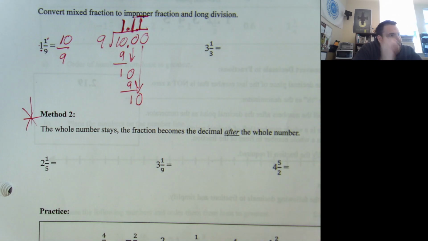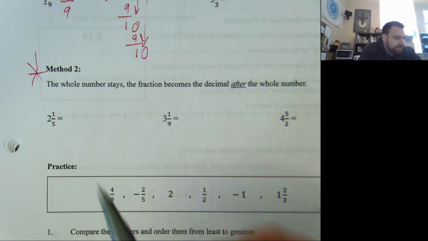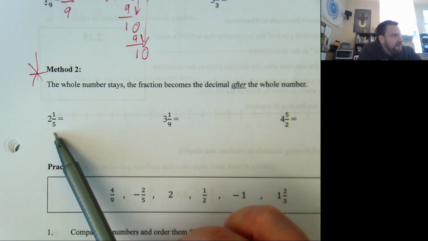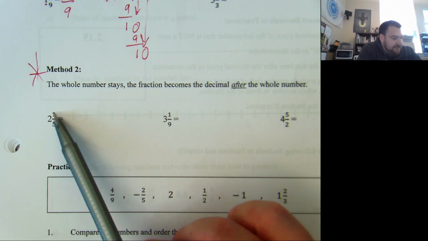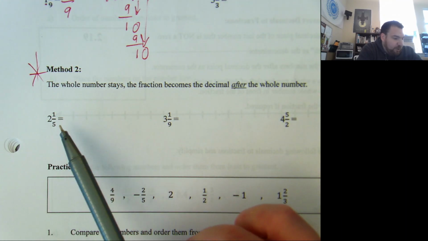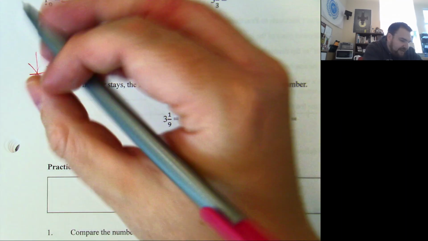But if you can remember some simple fractions, your life will become so much easier. If I want 2 and 1/5, if I can leave the whole number as it is and just bring in my decimal for the fraction, that's going to be a whole lot easier. What is 1/5 as a decimal?